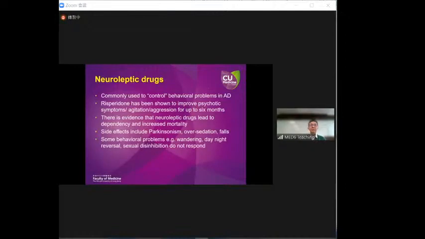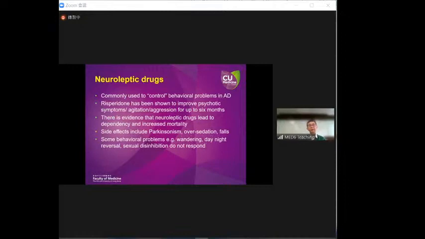Neuroleptic drugs are commonly prescribed for behavioral problems, which happen to over 90% of people with dementia. Neuroleptic drugs are effective in reducing psychotic symptoms, agitation and aggression for up to about 6 months. But they have the common problem of causing Parkinsonian side effects, oversedation, and increasing the risk of falls.